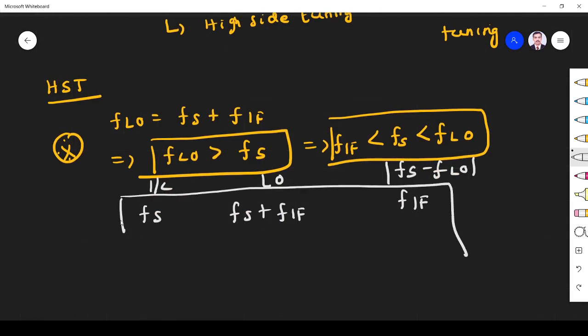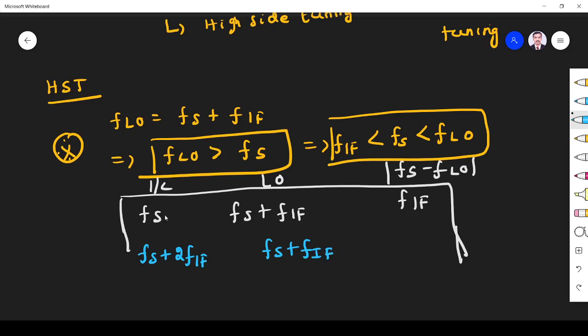But what is the problem here? This is the frequency allocated for every channel. Suppose some other incoming signal has a frequency of FS plus 2 FIF. For high side tuning, the local oscillator should always be equal to FS plus FIF.